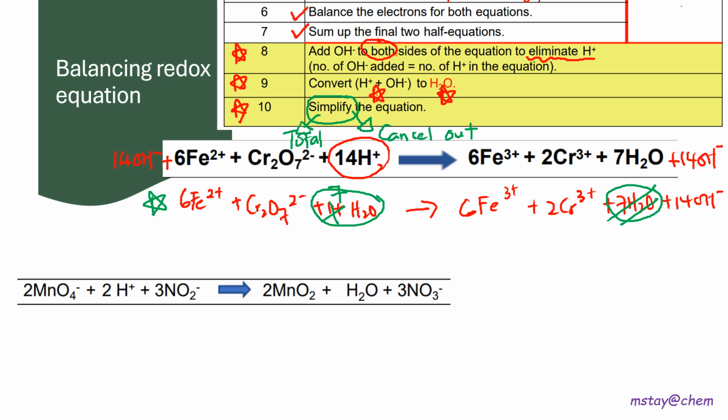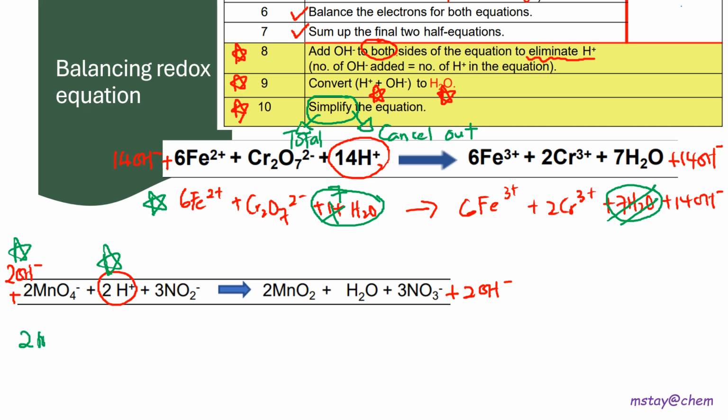Now look at another example. Here we have 2H+. In other words, we will add 2 OH- at the left hand side and also the right hand side. Next, we combine the 2H+ with the 2 OH- to form 2H2O.